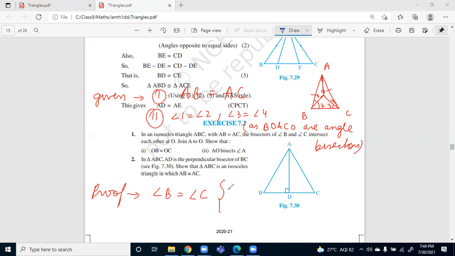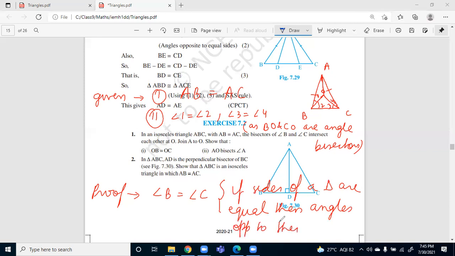Yes, what is the reason? Ma'am, CPCT. No, CPCT, we have not yet proved congruency here. We have just studied a theorem. What is the theorem? If sides of a triangle are equal, then angles opposite to them are equal.